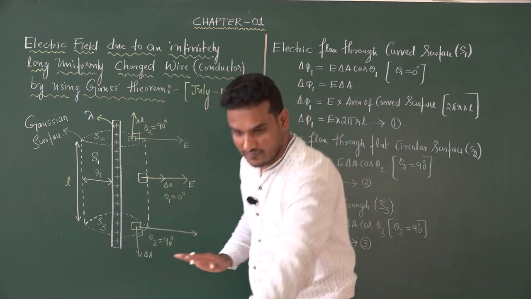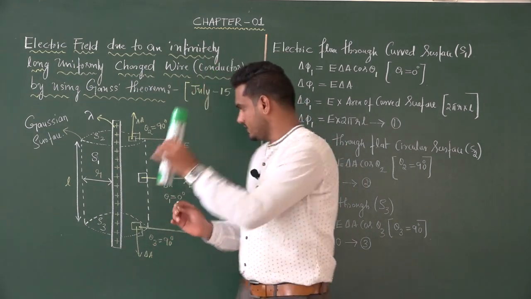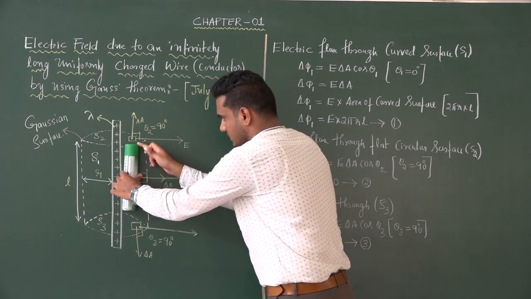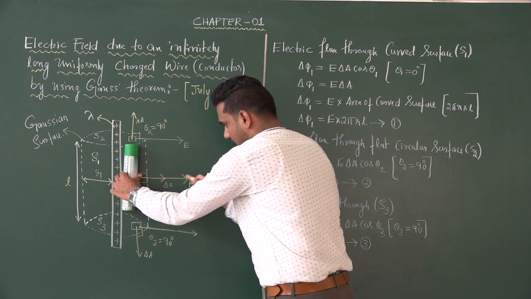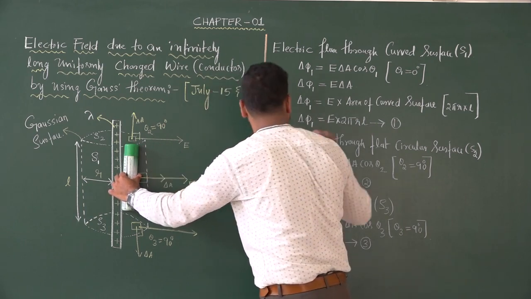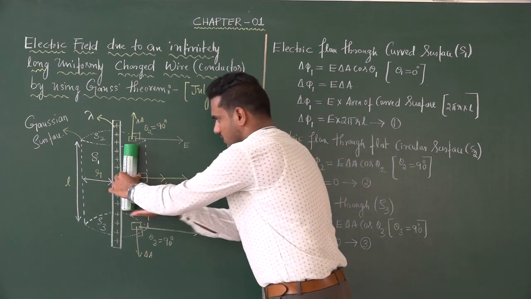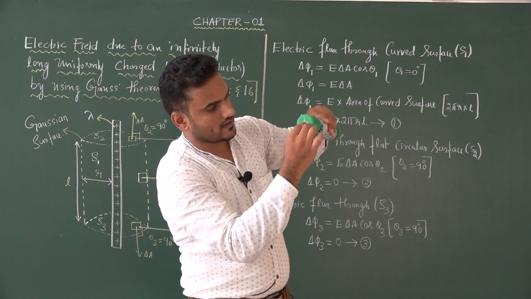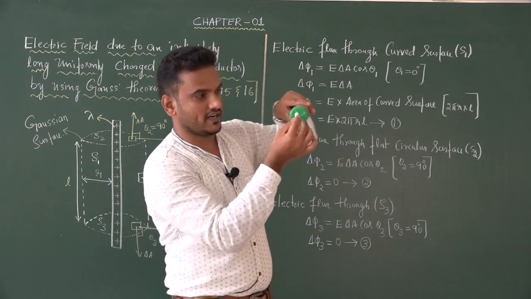Look at this. If you consider the cylindrical surface, look at the direction of electric field. This is the curved surface. To this curved surface, the direction of electric field is perpendicular, so maximum. On the flat circular surfaces, the electric field will be parallel like this. Parallel, parallel, parallel. So electric fields are parallel.